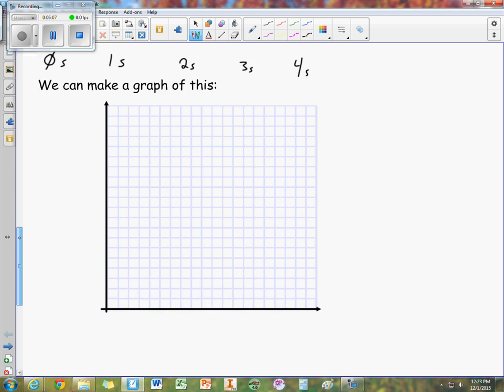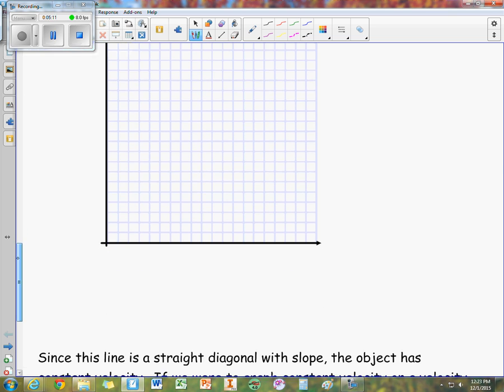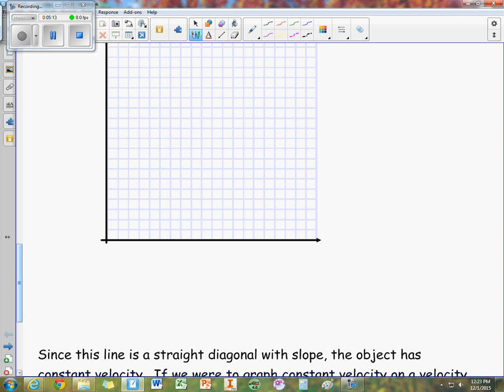If we were to make a graph of this, where we can put time on the x-axis, this is a 20 by 20 grid.